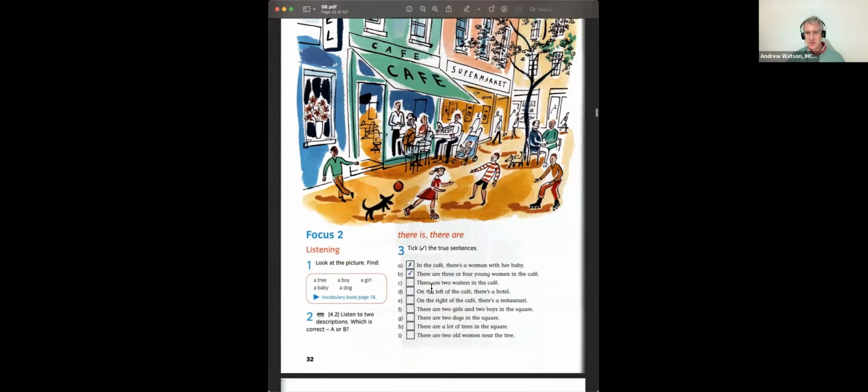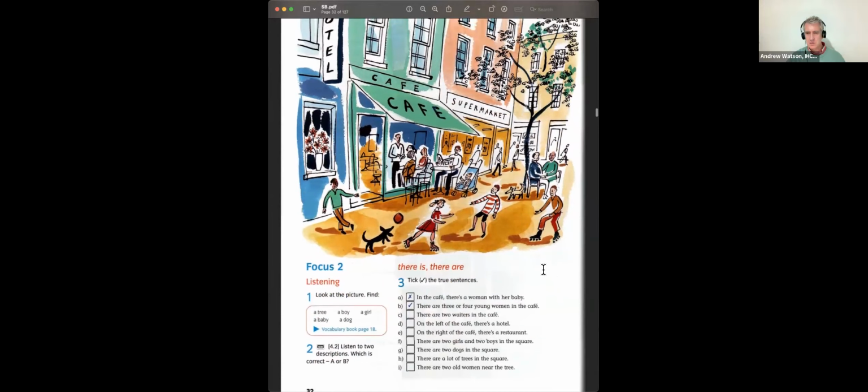On the left of the cafe, there's a hotel. Tick or cross? Tick. On the right of the cafe, there's a restaurant. Tick or cross? Cross.